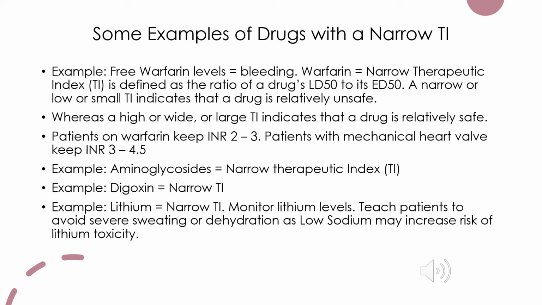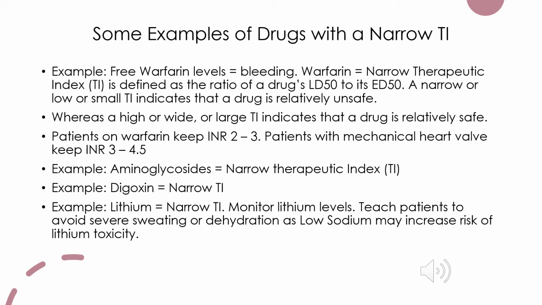The width of the therapeutic range is a major determinant of the ease with which a drug can be used safely. Drugs that have a narrow therapeutic range are difficult to administer safely. Conversely, once again, a drug that has a wide therapeutic range can be administered safely with relative ease.